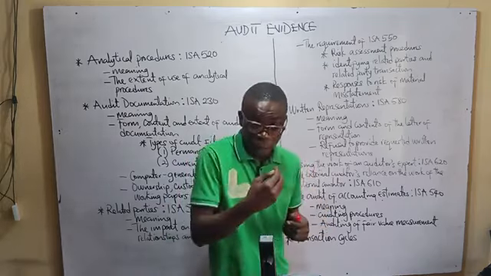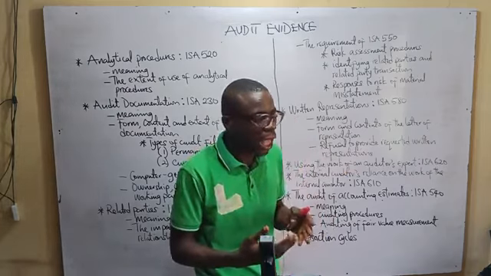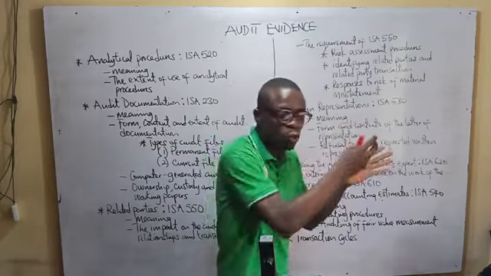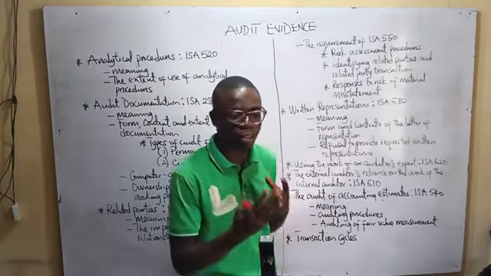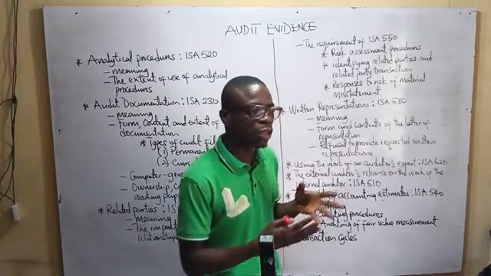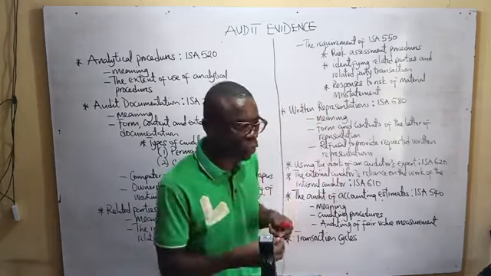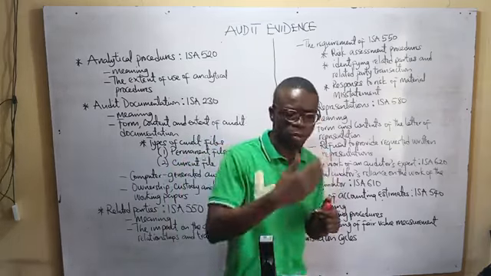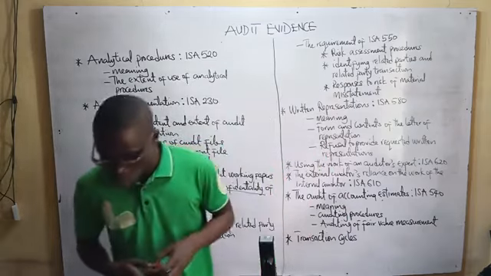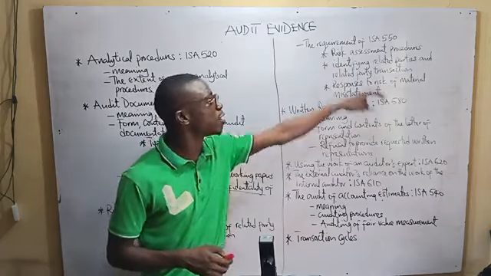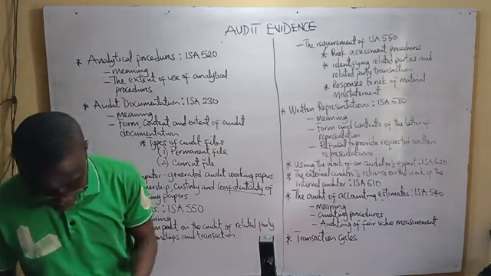That means there is related party transaction, but it was sold to me at a price that they would sell to a third party. That means even though there is related party transaction, there is lower risk of material misstatement because it is sold at normal market price. Am I communicating now? So let's look at the risk assessment procedures that the auditor will need to perform.